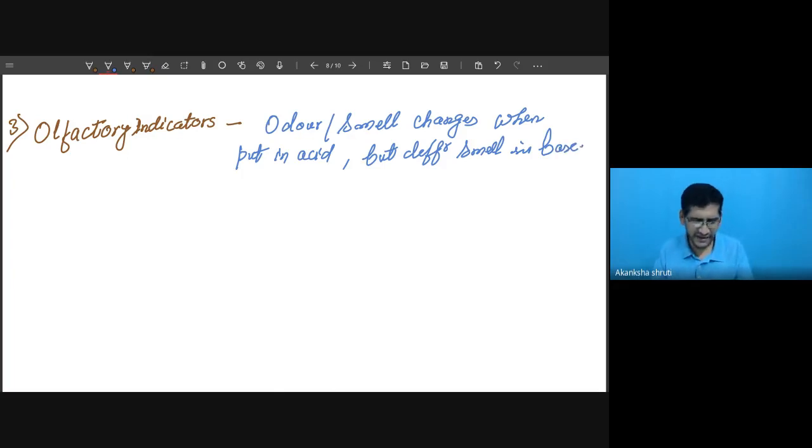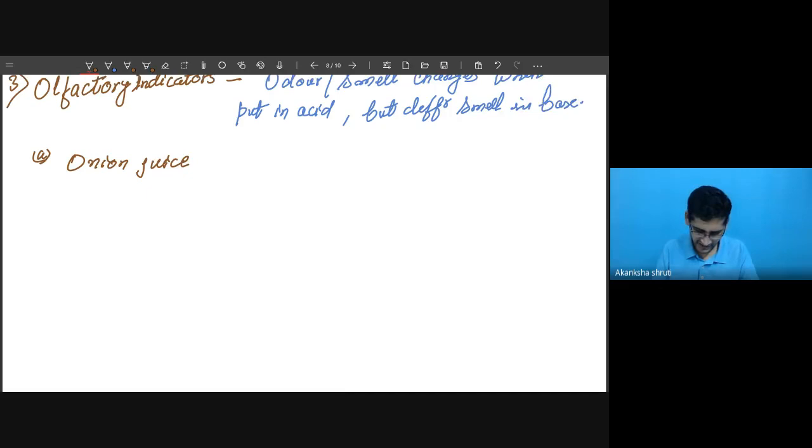So what are the examples you have to keep in mind here? The very first one is onion juice. The second one is vanilla essence or clove oil.